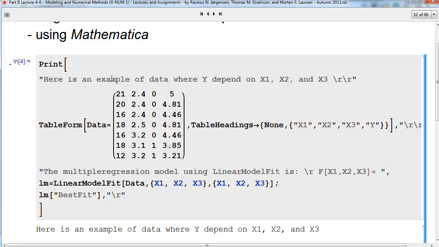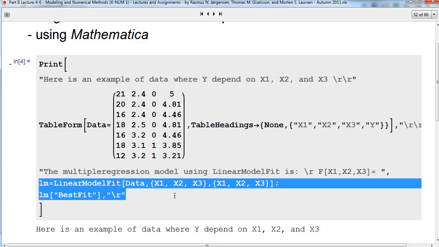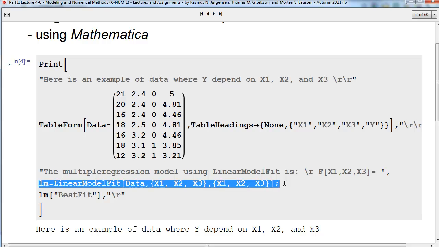So what we have, you just have to look at this, we have the data which is equal to this. I just entered it manually and put some headings on. And then when we have the data here, that's important, this here. You can see you have the linear model fit data, that's what you are used to. And then you have x1, 2, 3.